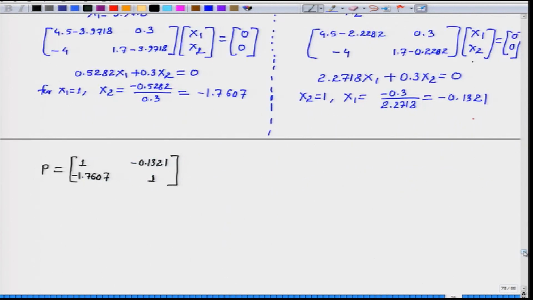Now, next we need to find the inverse of P. To find the inverse of P, we can use the formula. We have to first find the cofactor matrix of P, take its transpose, and divide it by the determinant of P. Okay, so let us see the cofactor matrix of P.